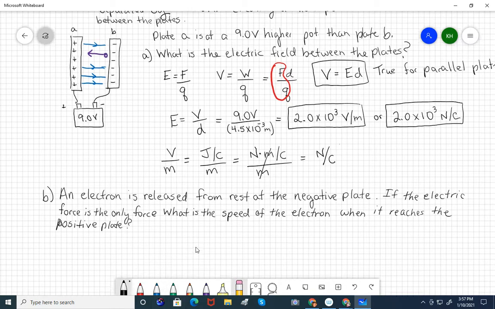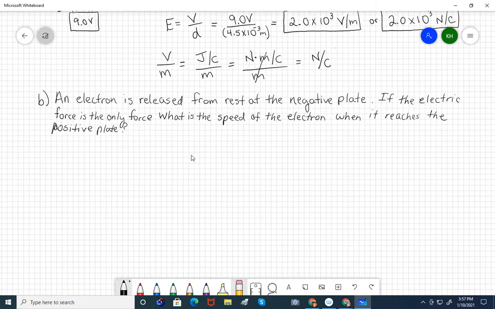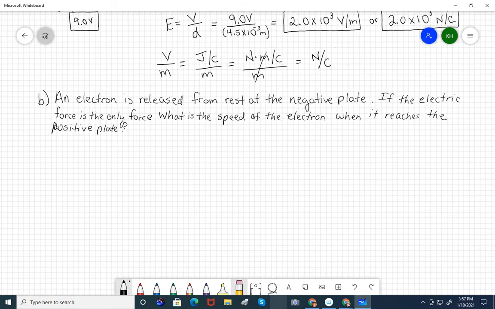This type of problem can be solved a couple of ways, but the easiest way turns out to be conservation of energy. We know that we have to have conservation of energy. We could use the work energy theorem, or we can look at it like this. When we're at the negative plate, that's our initial conditions.